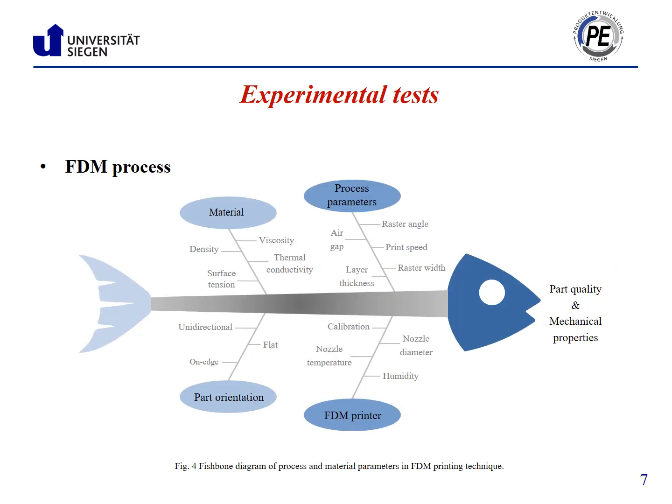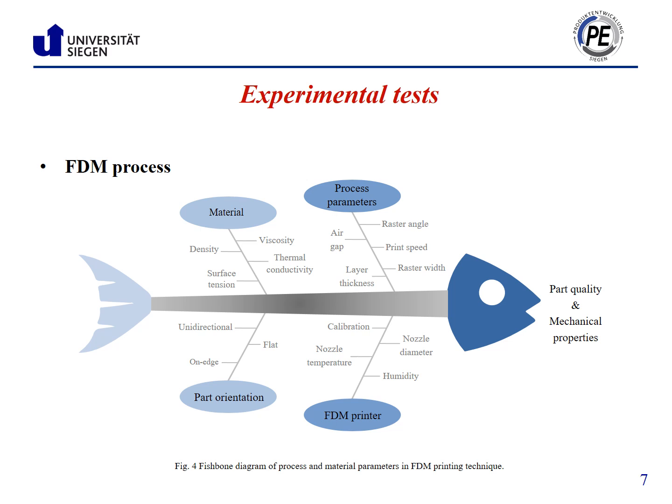As the FDM process deals with several issues, the quality and performance of the parts produced by this process depend on different factors. Here, a fishbone diagram is presented to show materials and process parameters in FDM printing.